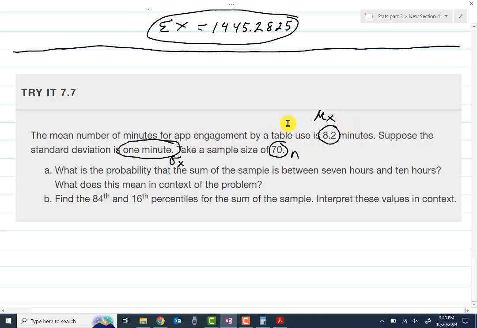Notice all these things are given in terms of minutes, but down here, they're giving it in terms of hours. So I'm going to convert the hours to minutes. Everybody knows that there's 60 minutes in an hour. So 7 times 60 will give us 420 minutes here. 10 hours is 600 minutes.